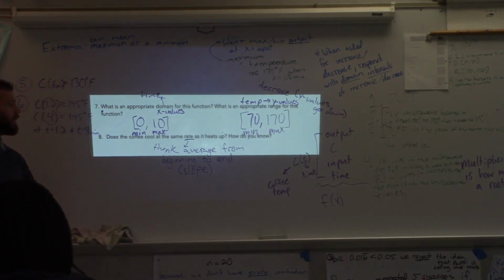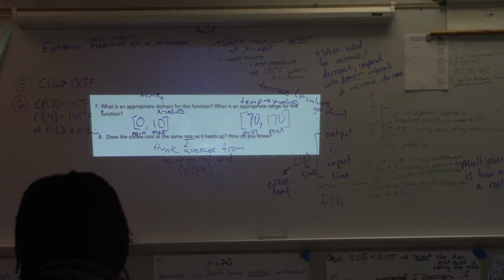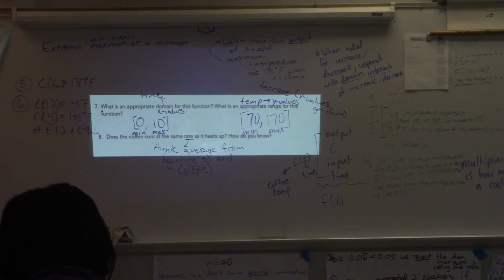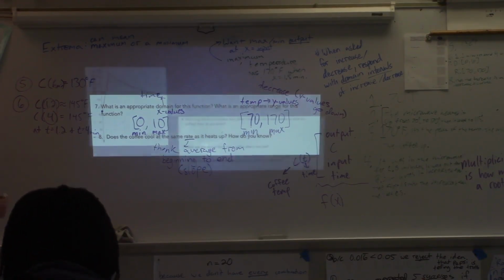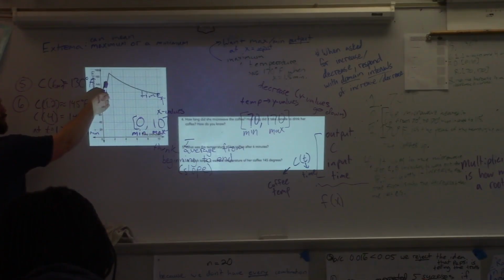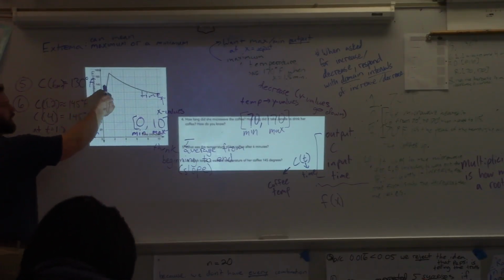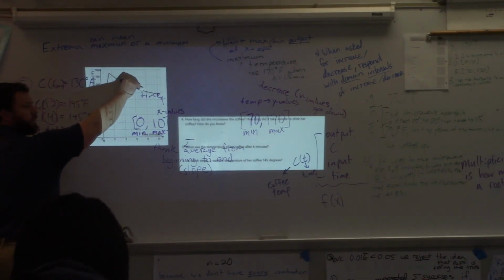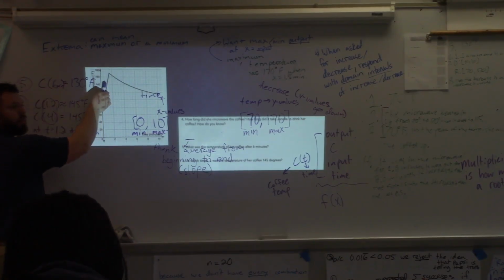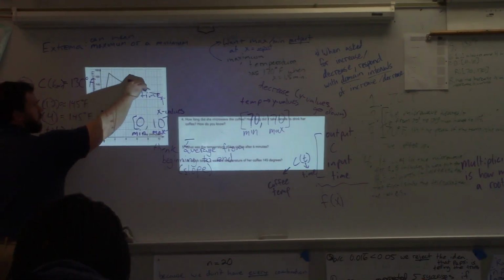So if you're asked, does it have the same rate, and there are two different types of functions, you just need to think about the average rate of change. And so when I look here, is that slope more or less than this slope? More. It's steeper. So this has a steeper slope than this does.